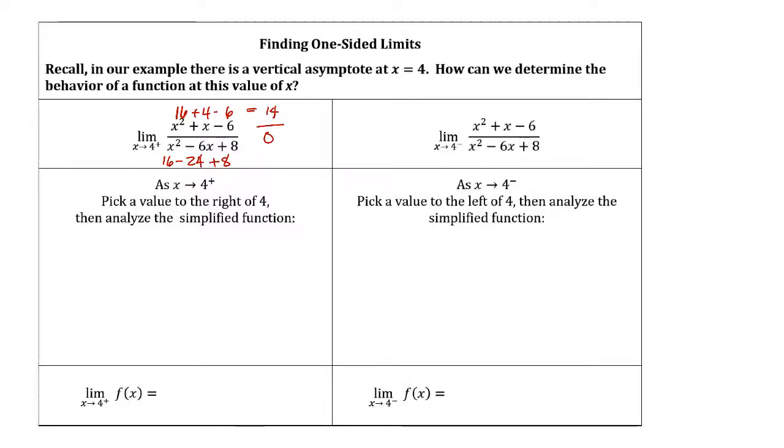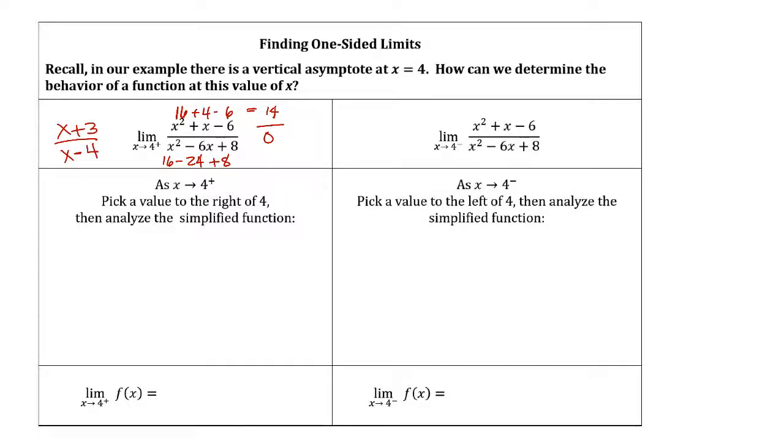So we need to plug in. But I also noticed that this is something that we could factor, and we can simplify this down. And I think earlier we did factor that down, and we had something nice and neat, like x plus 3 over x minus 4.